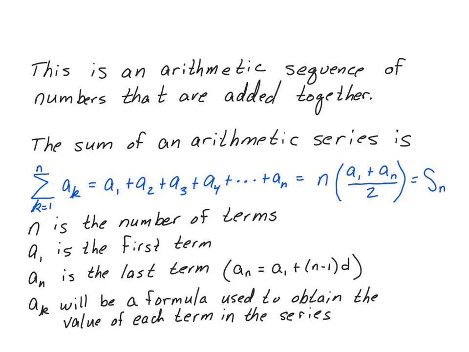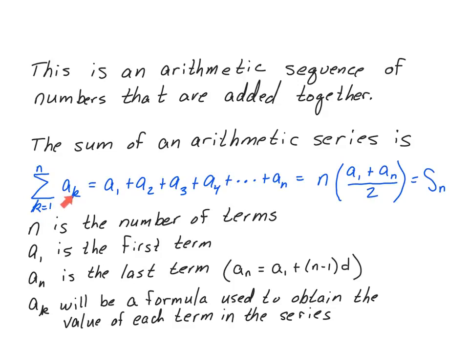All right, so if we start with 1 and we plug 1 in for the K, what that's going to give us is a sub 1. That's our first term. Plus, because this means sum, we are adding together the terms where we start with K is 1 and we end with K equaling N. So this would equal a sub 1, and then you'd plug in a 2, which would be plus a sub 2.